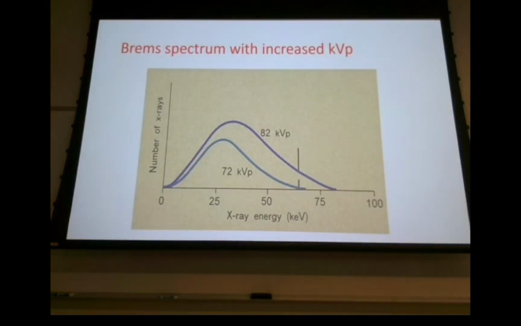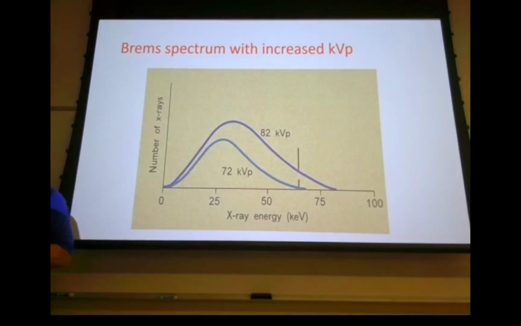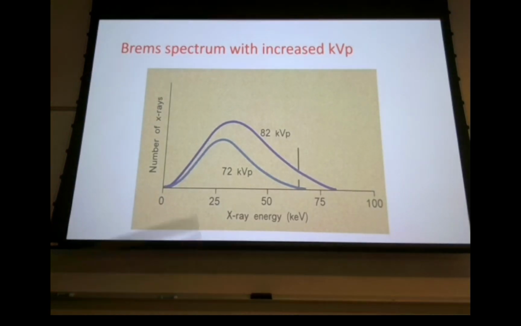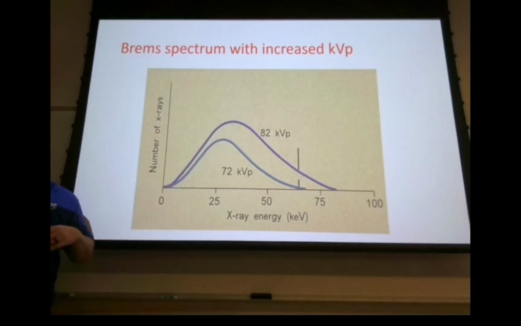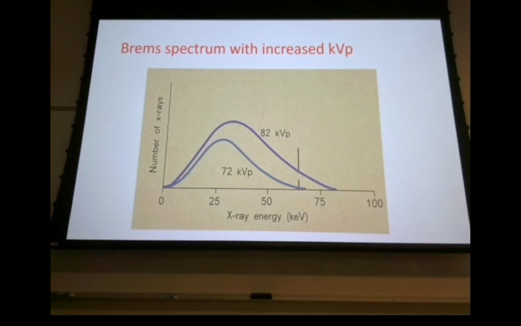Does it do that because when you up your kVp, it ups the total amount of photons? Is that why you can absorb more and scatter more? Yeah. If the only thing that you increase is your kVp, all of that is going to go up, right? Percentage-wise, they may go down, but raw numbers are going to go up. Okay.